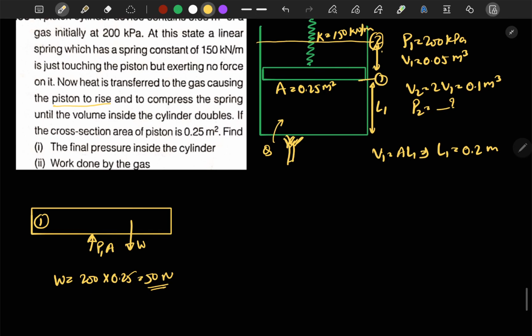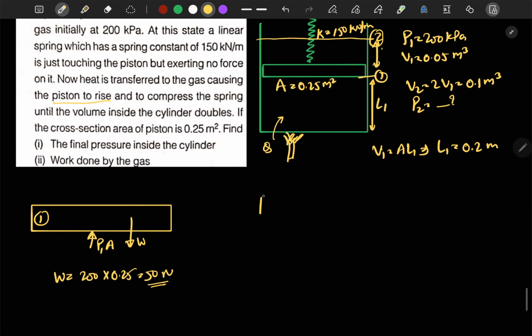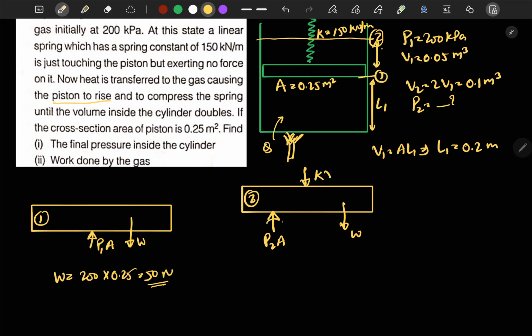So if we consider state 2, that is location 2 for the piston, at location 2 there are three forces acting. First is P2 into A, second is the weight of the piston, and third is the spring force. The spring force value will be K into X, and the distance will be L1.